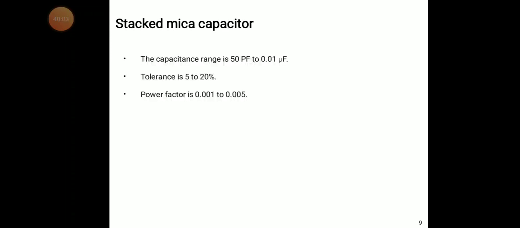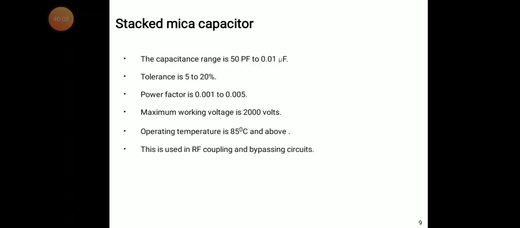Next one is the stacked mica capacitor. The capacitance range is 50 picofarad to 0.01 microfarad for this mica capacitor. The tolerance is 5% to 20%. The power factor is very small, 0.001 to 0.005.